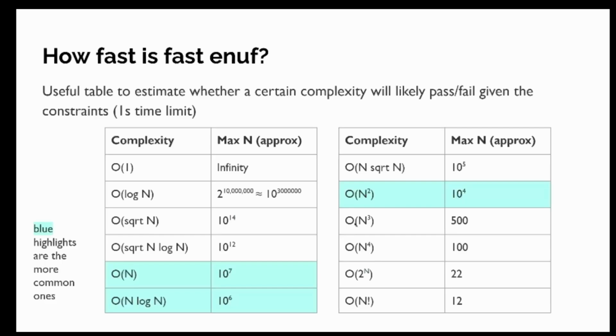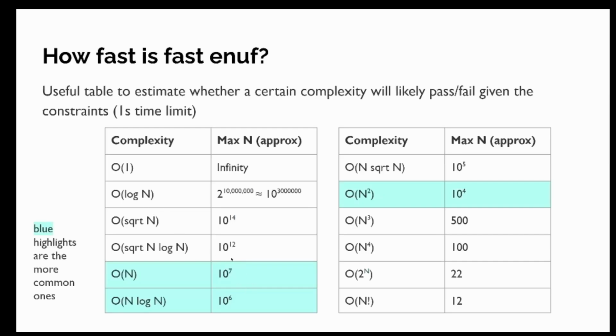Okay. So how fast is fast enough? This table over here is actually going to be really useful. You can always look back at it. Essentially what you do is you look at the question. How big is n, or whatever character they're using?